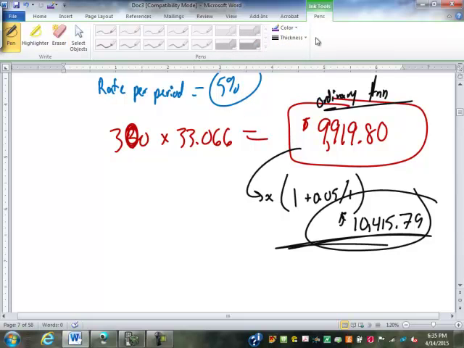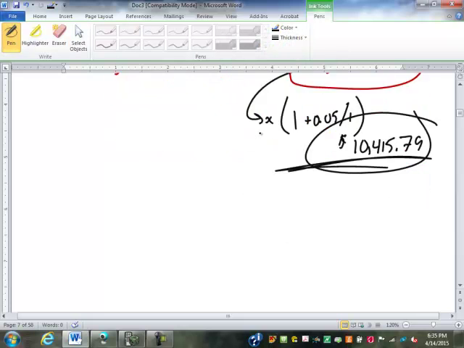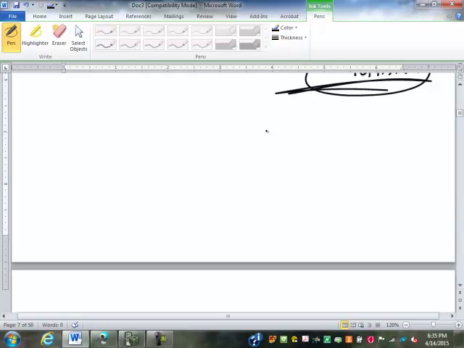So let's look at some examples here. What is better?